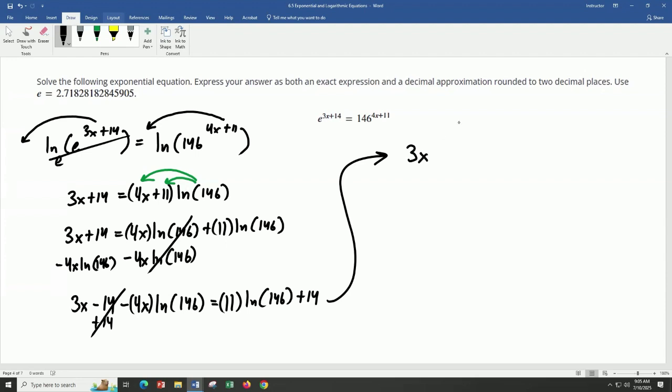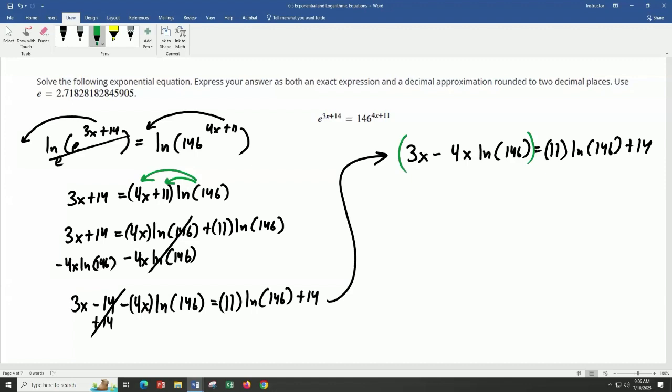I have 3x. That is 3 times x minus 4 times x times the natural log of 146. I'm saying that so hopefully you kind of catch on to what I'm about to do here. Equals 11 natural log of 146 plus 14. Watch what I'm about to do. I've got to get that x by itself. What rule says I can't do? Let me put a big parenthesis here and a big parenthesis here. Can I not factor out my GCF?